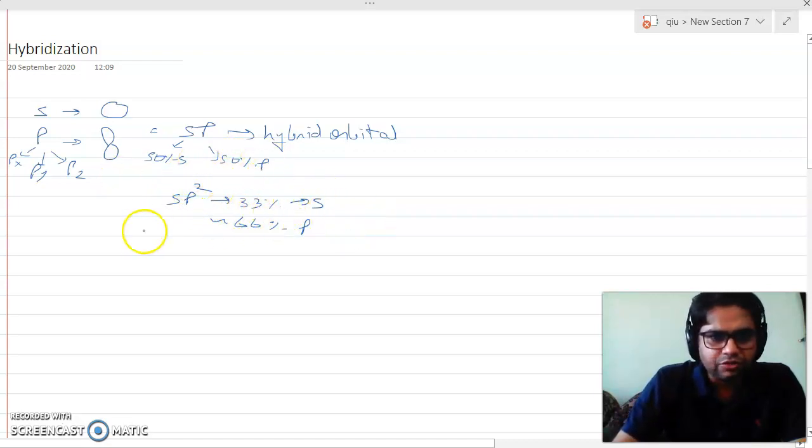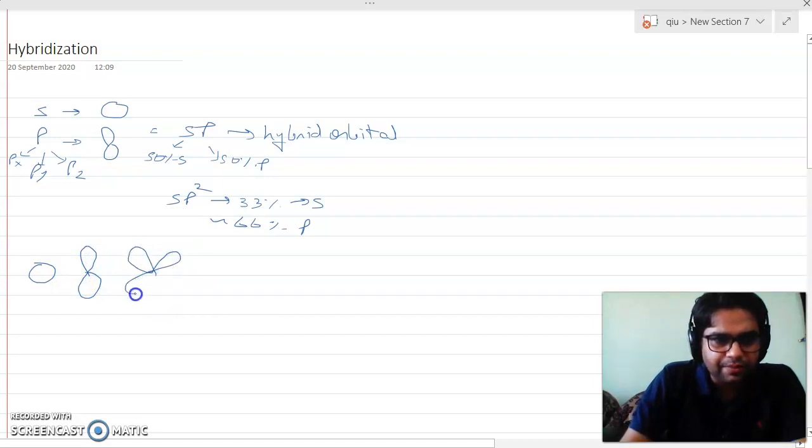Okay, so let's come to another point. What is the shape of the hybrid orbital? It will be completely different from the atomic orbital. As you all know, the s orbital is spherical, the p orbital is dumbbell shaped, and the d orbital has a double dumbbell kind of shape. But according to scientific observations and the hypothesis, a hybrid orbital has a simple shape.